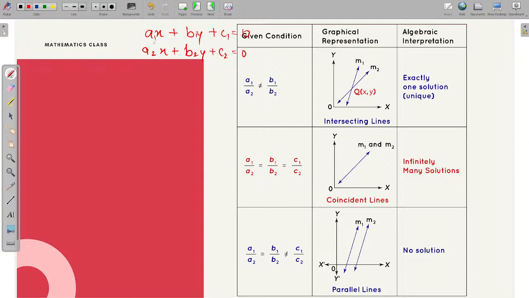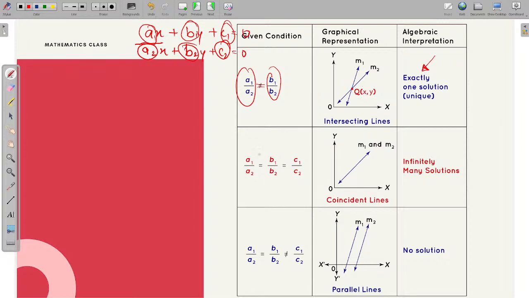Now all you have to do is take the ratio of a1 and a2, b1 and b2, and c1 and c2. If a1 upon a2 is not equal to b1 upon b2, that means it has exactly one solution, right? They'll just intersect at one single point.